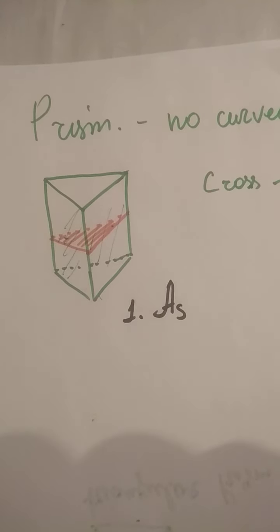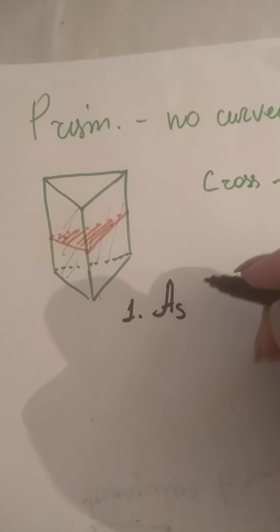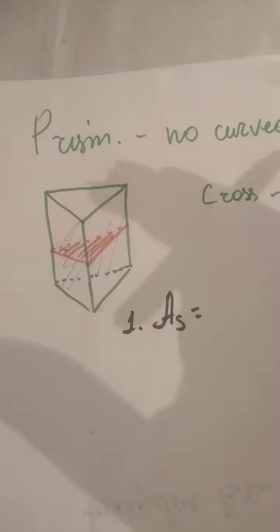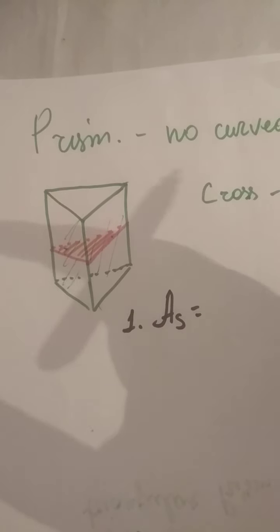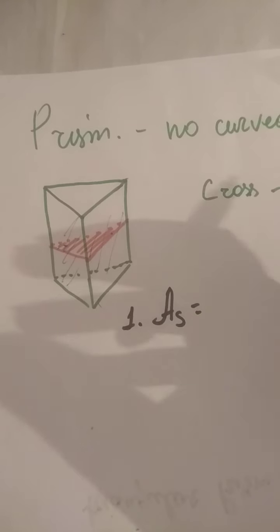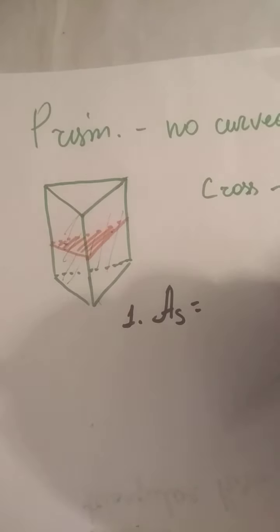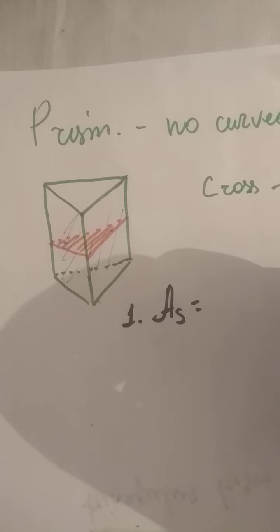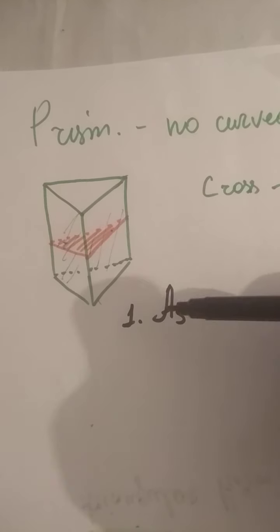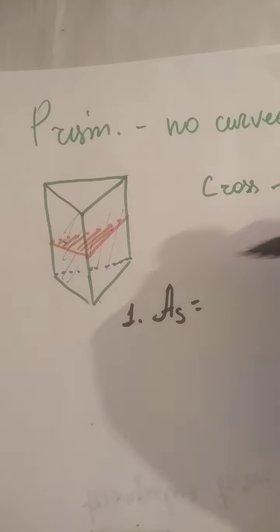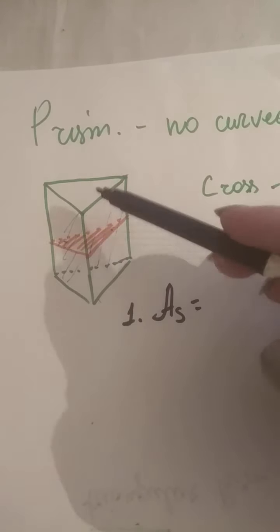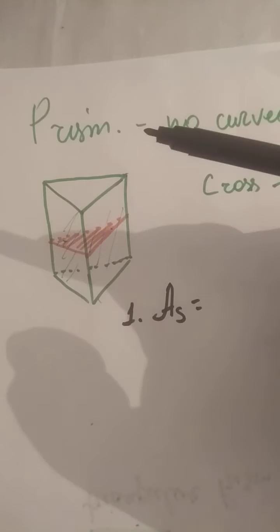Guys, the surface area of prism is always equal to, actually they just give us the formula, the perimeter of the cross section multiplied by the length of prism. But you need to know that the cross-sectional figure is the same as the bases. That's why you don't need to draw that form for finding the perimeter.